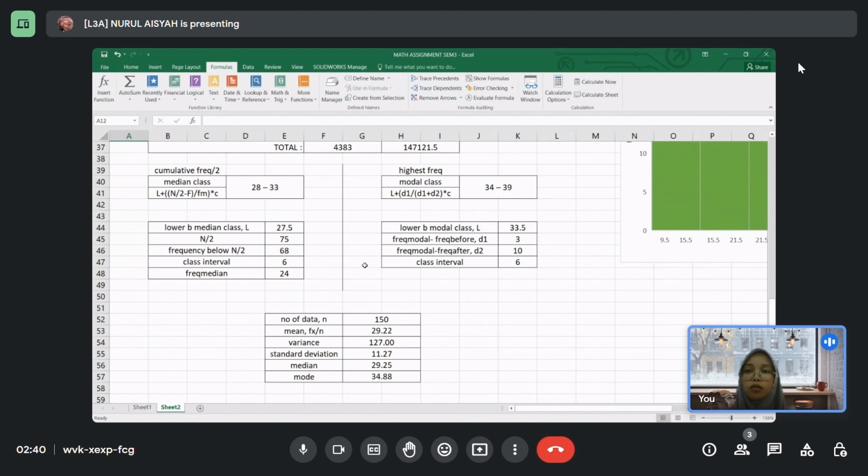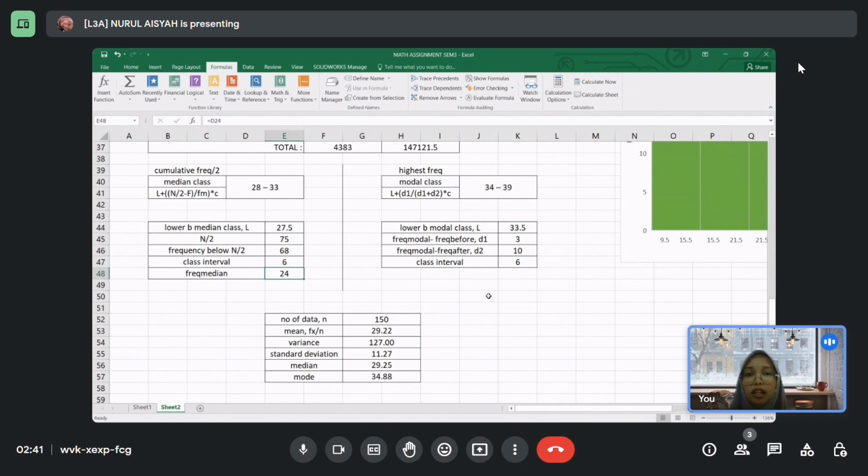We have to divide cumulative frequency by 2 and we got 28 to 33 as the median class. By using the formula given, we can find the median, which is 39.25.